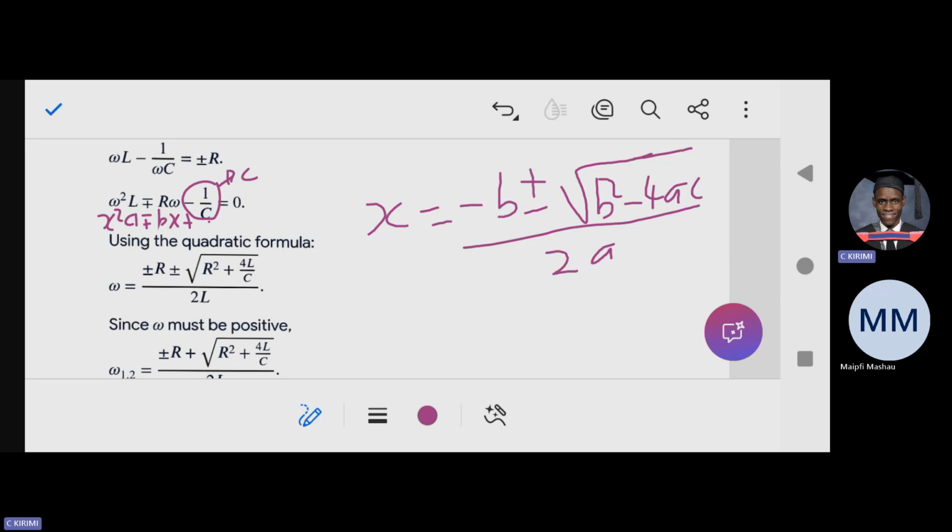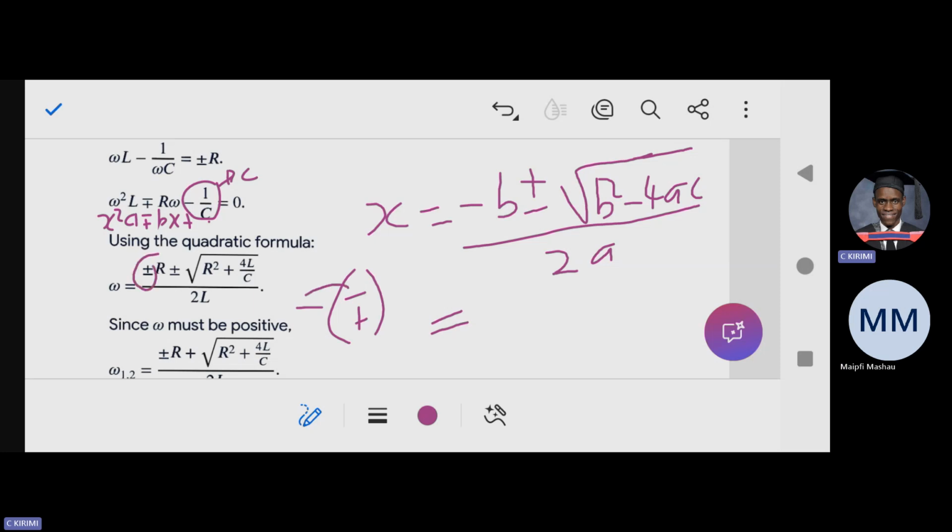Which is the same as saying minus b. In our question, what was b? b was minus plus, so you reverse the order. Remember the order is minus bracket minus plus. Can you see? So it becomes plus or minus.